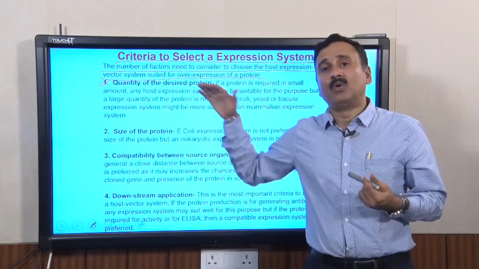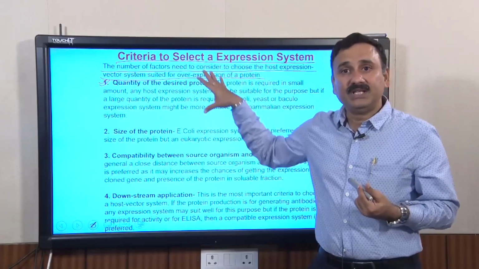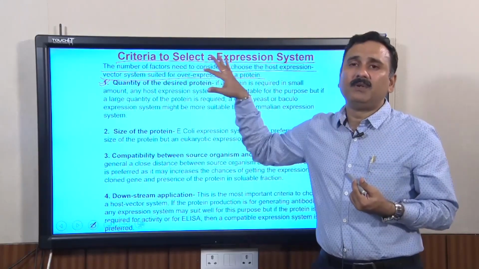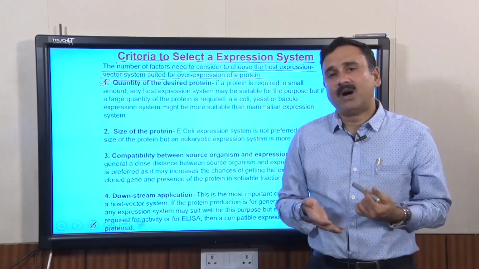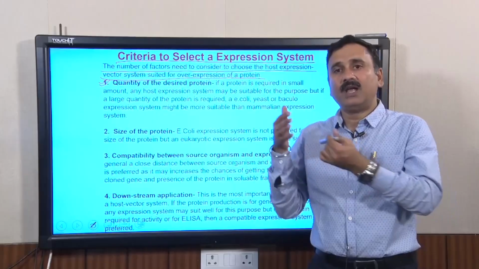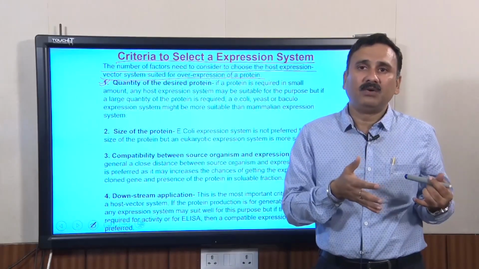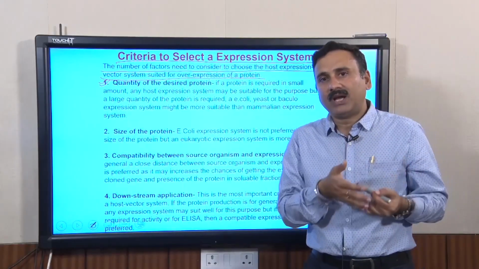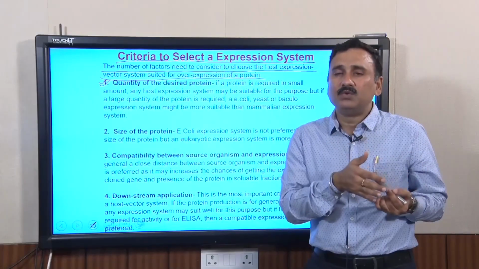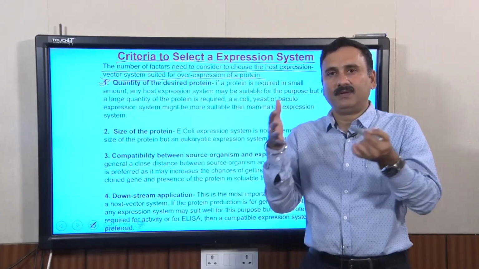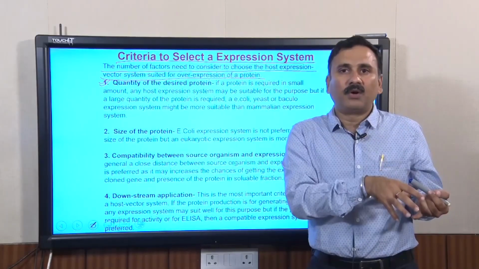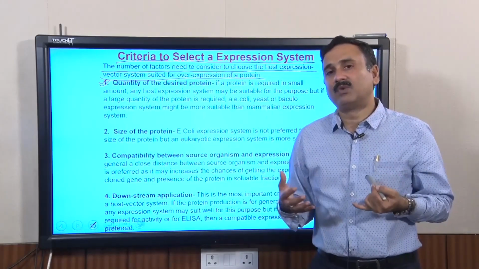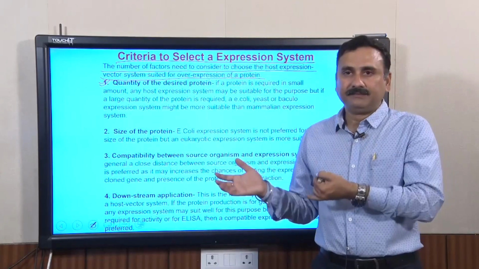In those cases the protein would be required in grams or kilograms, whereas if you are simply trying to get this protein for developing antibodies or antigens, or you are trying to use this protein for catalyzing particular reactions in a bioreactor or some other kind of metabolic reactions, or for transforming one chemical from toxic to non-toxic and so on, in those cases the requirement of these protein products may be low or high.